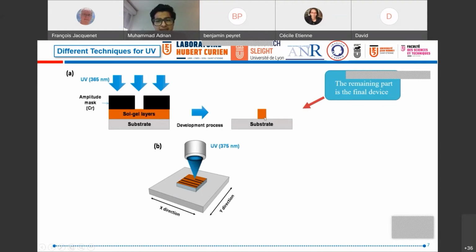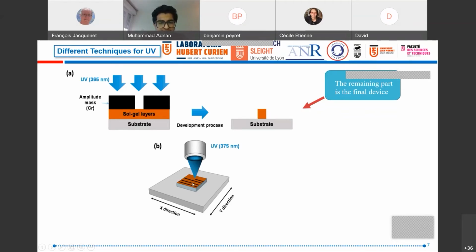The remaining part is the final device which we will obtain. The second technique is the direct laser writing technique, which uses the laser facility. Here the principle is that we have a UV source at a fixed position, operating at 375 nanometer wavelength. The sample is placed on stages, and these stages can move in the X direction or the Y direction, and with the help of this movement we create waveguides.